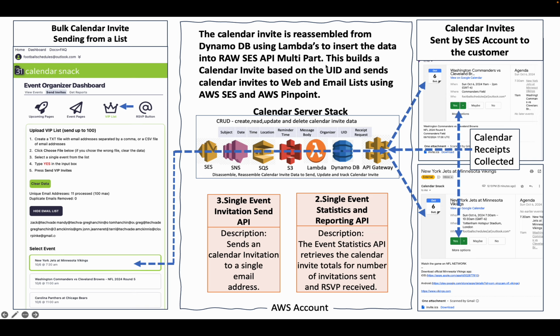This is our technology in which we use the AWS raw API and add to it several lambdas that allow us to build a calendar invite based on a UID, and we send the calendar invite out either using an embedded web form like this or a bulk email list like I just showed.